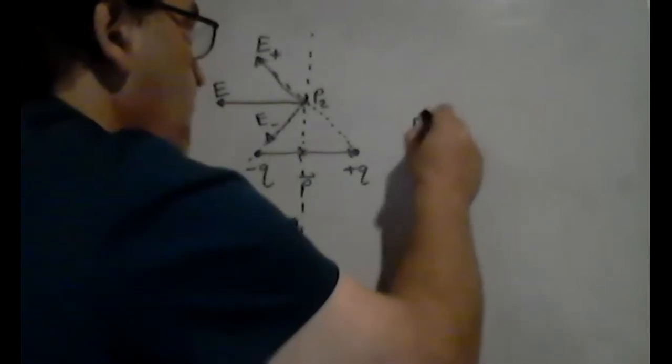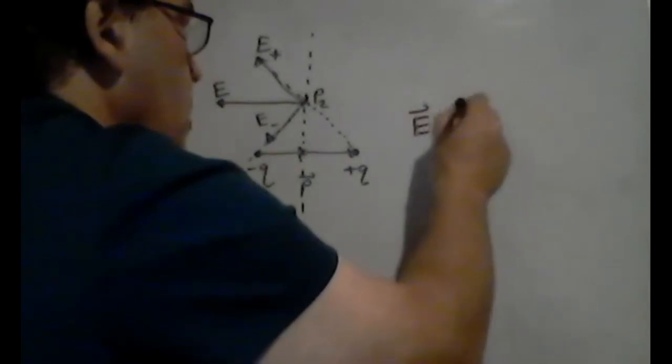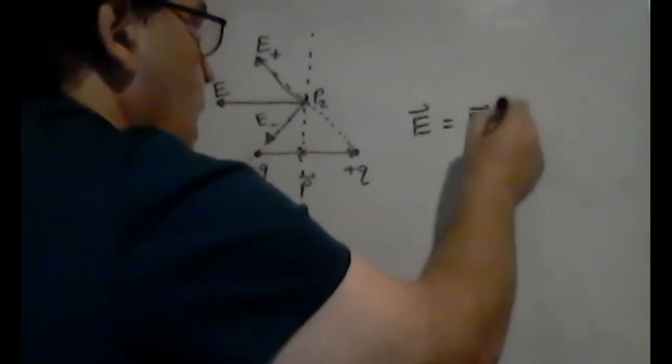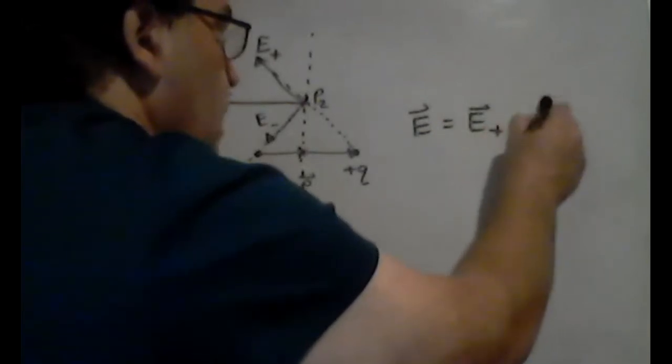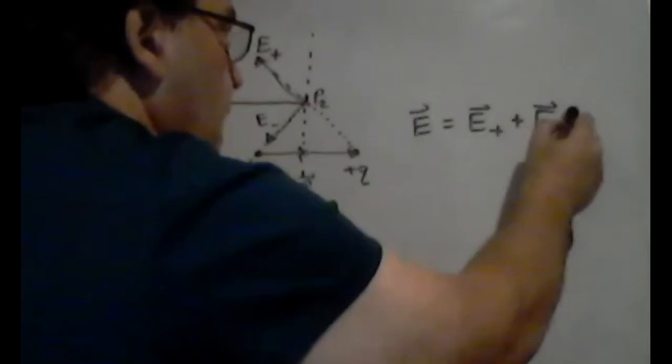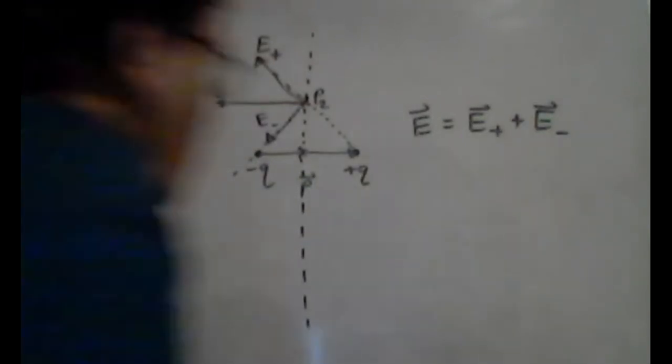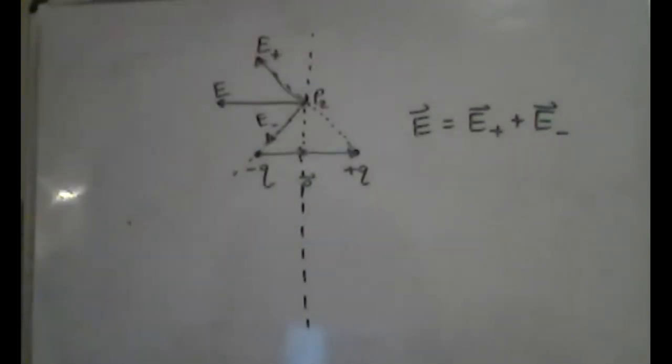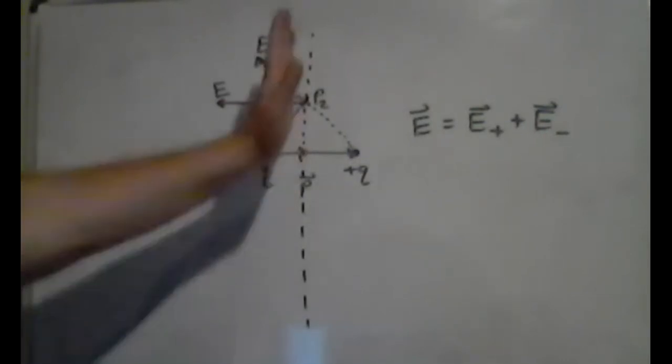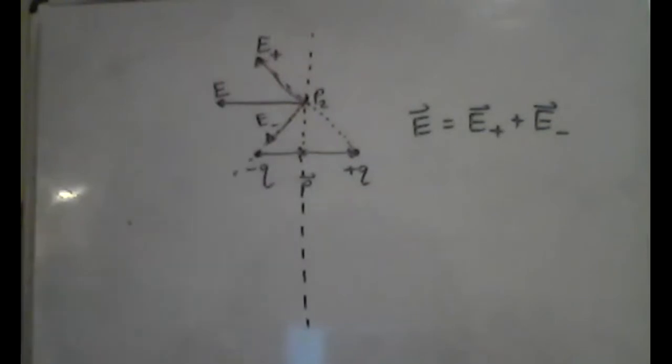So again, E should be E from the positive charge plus E from the negative charge. This is just a simple little analysis, but if I stuck my sensor right up there along Y, that's what I should actually see. So I should notate that also on that diagram.